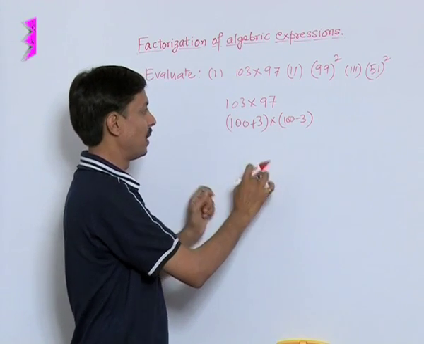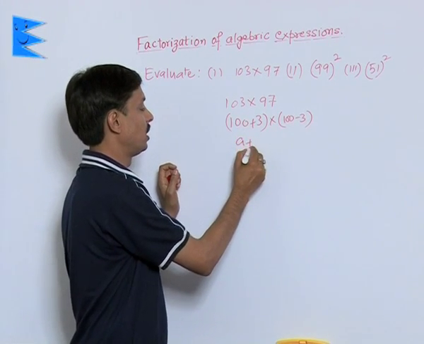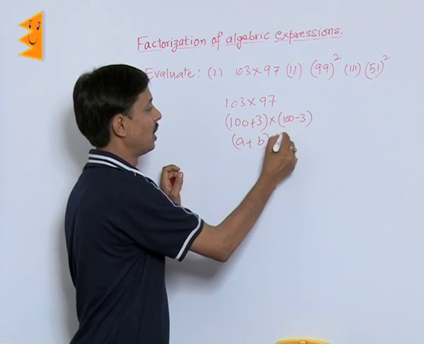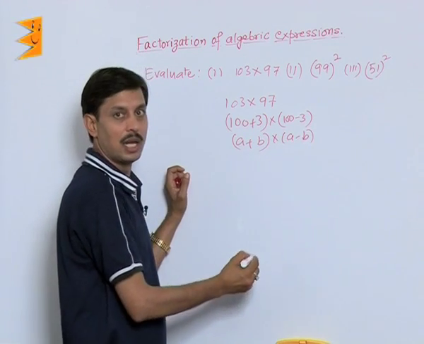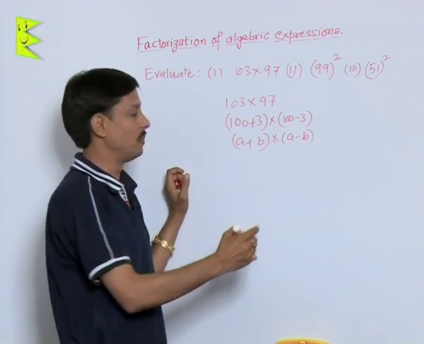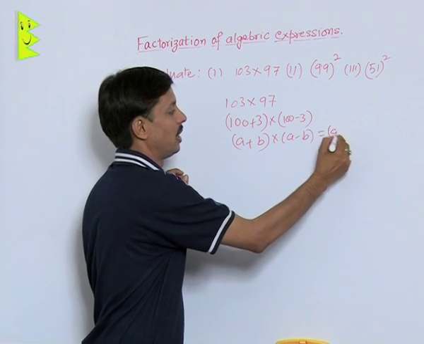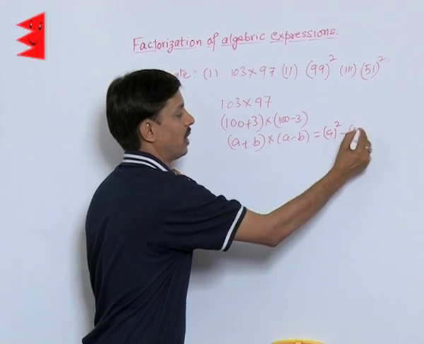So this is the pairing where (a + b) into (a − b) can be written as a² − b².